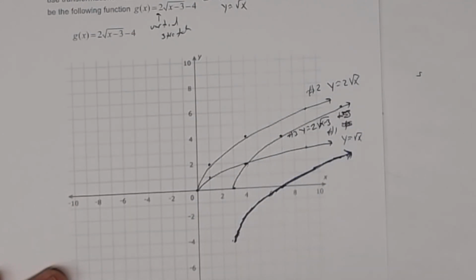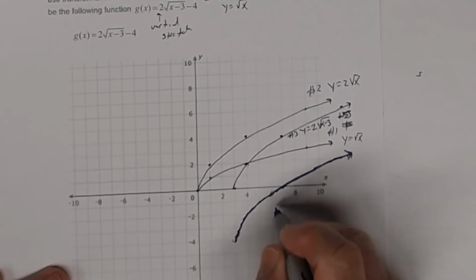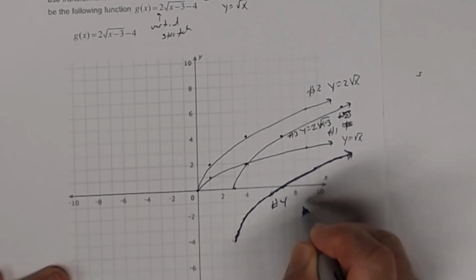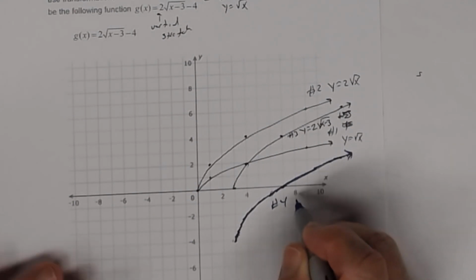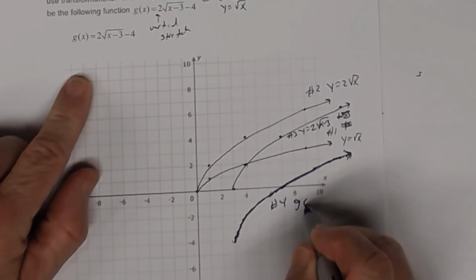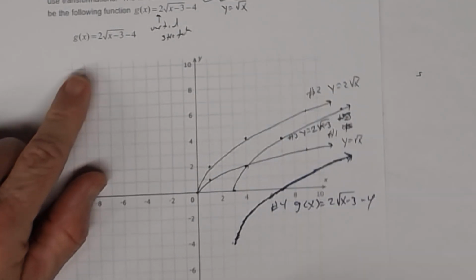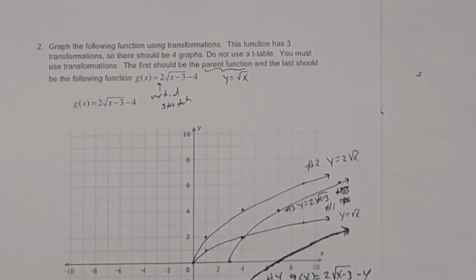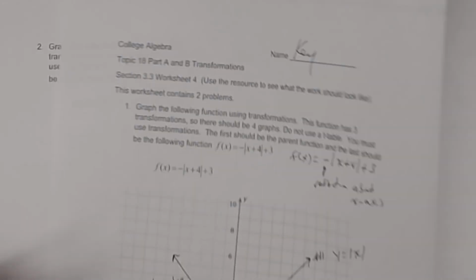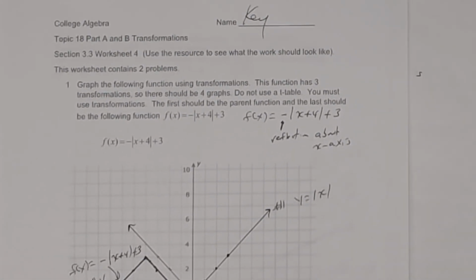That's going to be number 4, which I'll call the function itself, g of x, which equals 2 square root of x minus 3, minus 4. And that is the key to using transformations to graph functions.